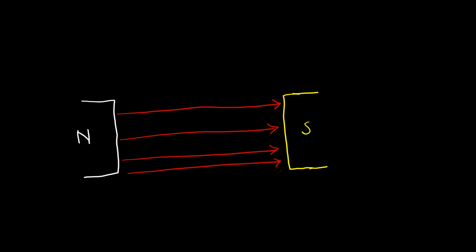Suppose that we have a certain surface S, which is placed between the north and south poles of the magnet, and the surface S is perpendicular to the magnetic field lines.